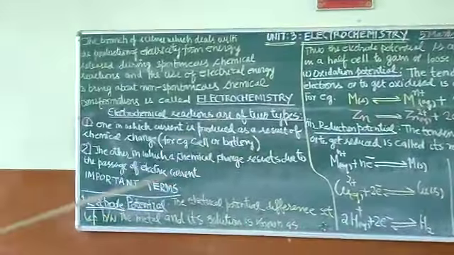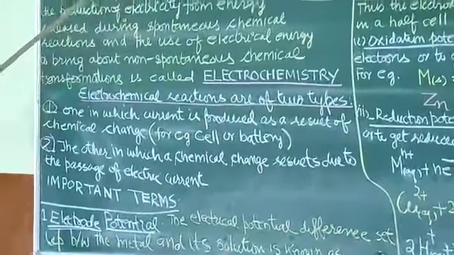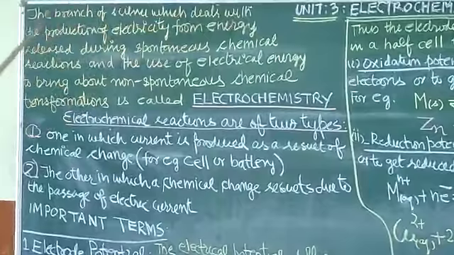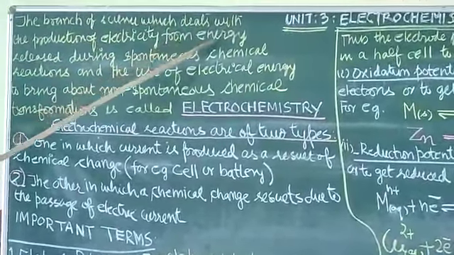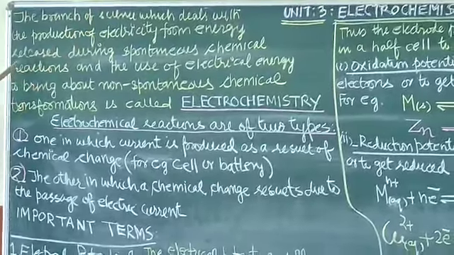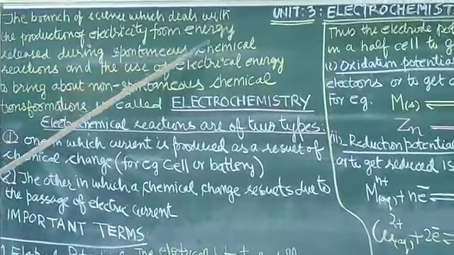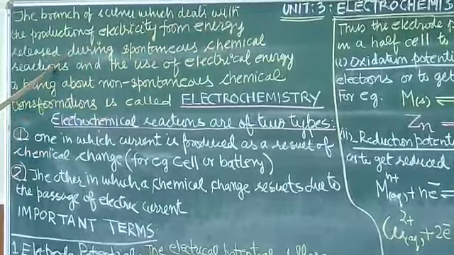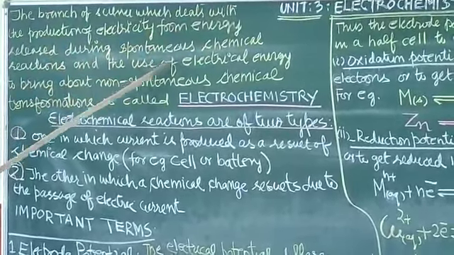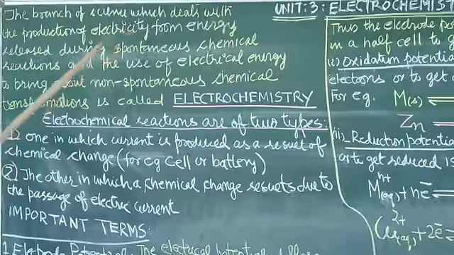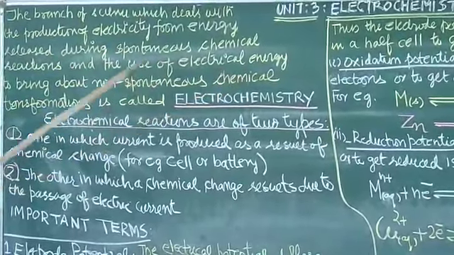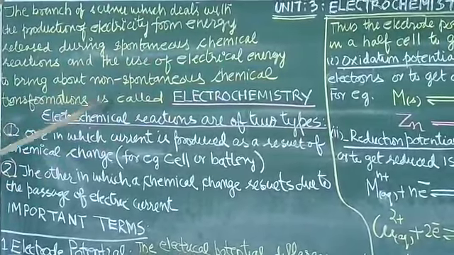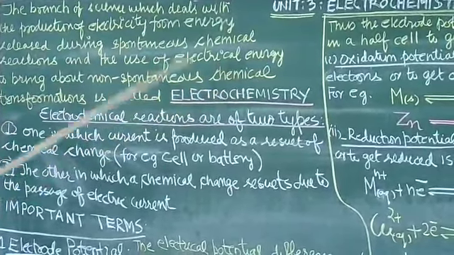Children, the branch of science which deals with the production of electricity from energy released during spontaneous chemical reactions and the use of electrical energy to bring about non-spontaneous chemical transformations is called electrochemistry.